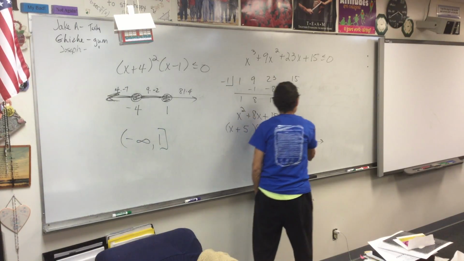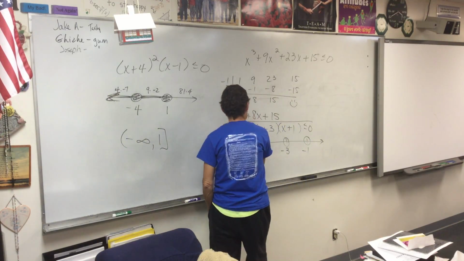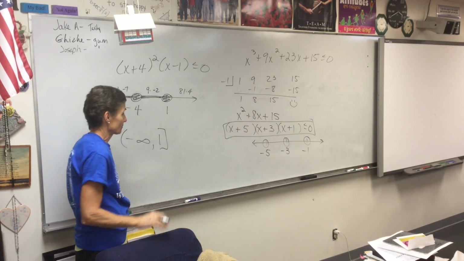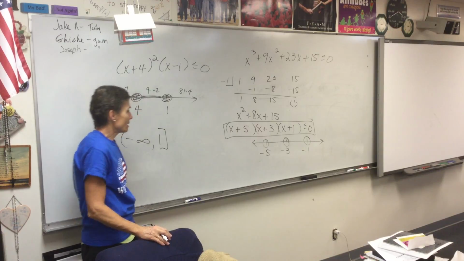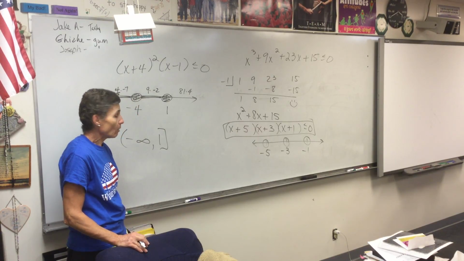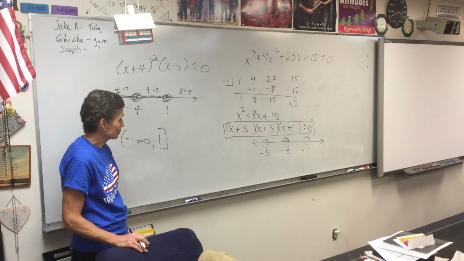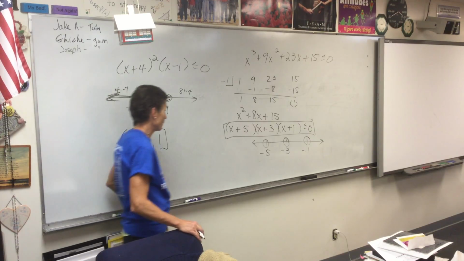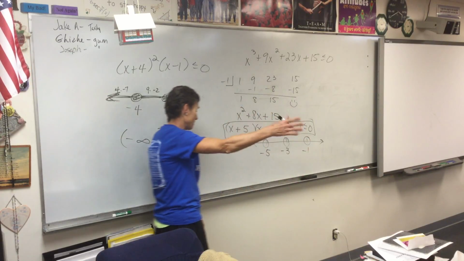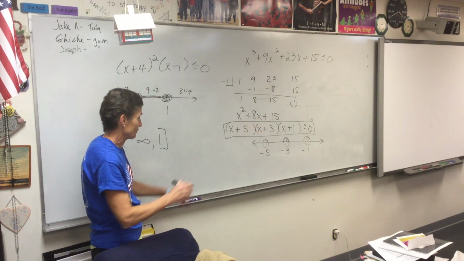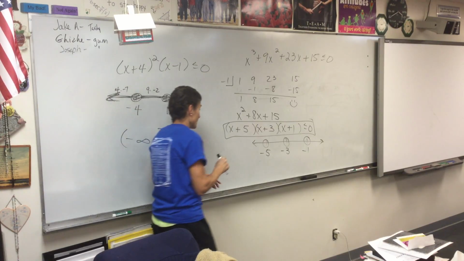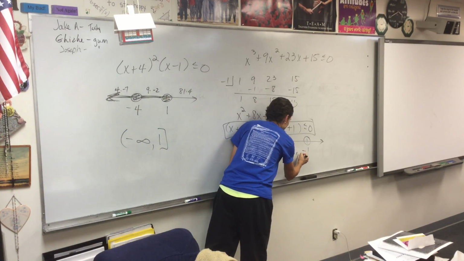Here is our factored problem. Now we are going to test a number, any number anywhere. What number do you want to pick? Somebody pick a number, any number except the one circled there. -2.